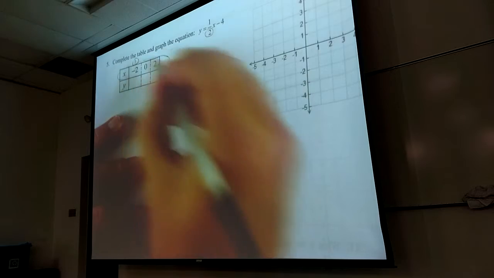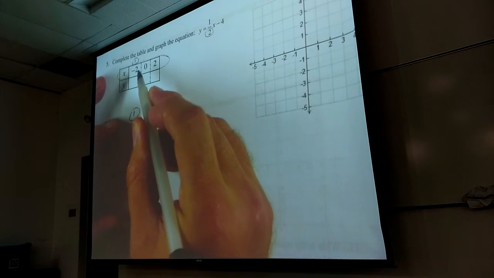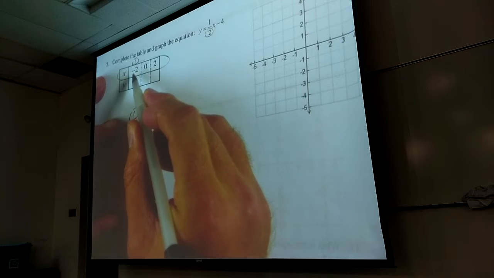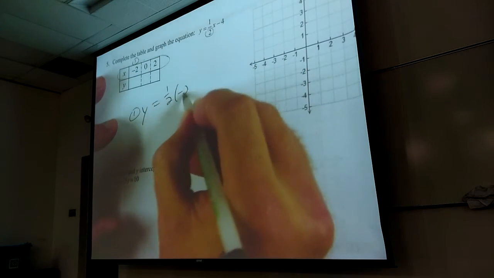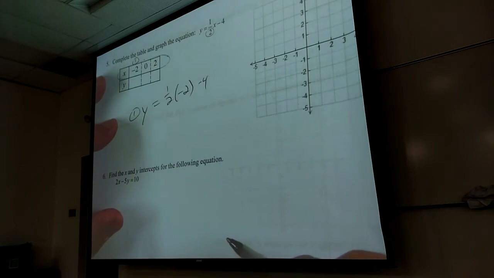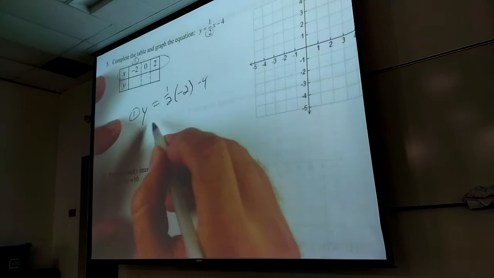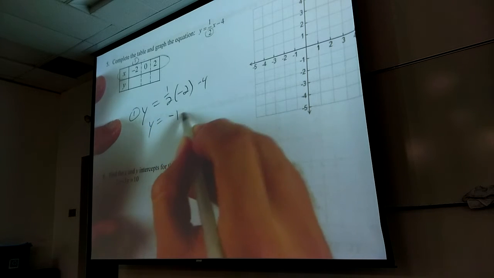So to do this first one, how do I fill this in? You plugged in. Yeah, when x is -2, so I let x be -2 in the equation. And then I'm trying to figure out what y is when that happens. So what's half of -2? -1.